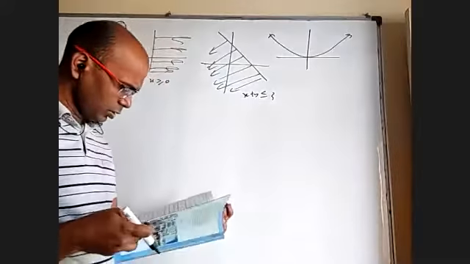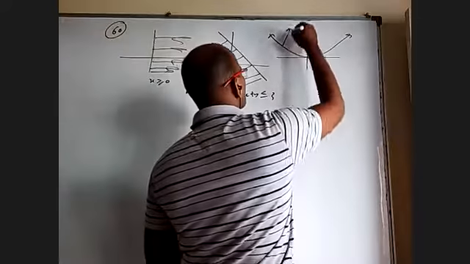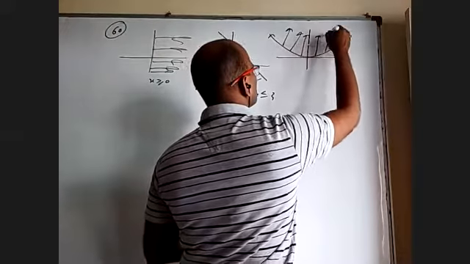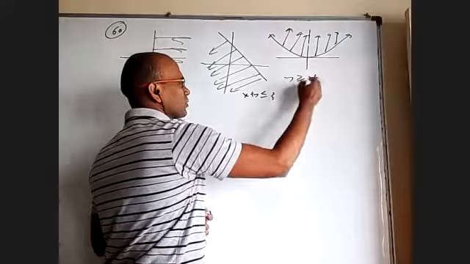And they want y should be more than that. Okay, so this region. Everything above the parabola because y should be greater than or equal to x square by 4.